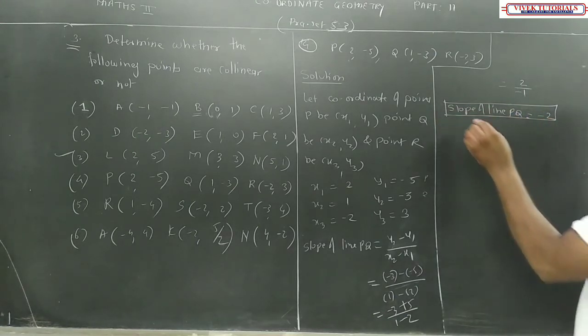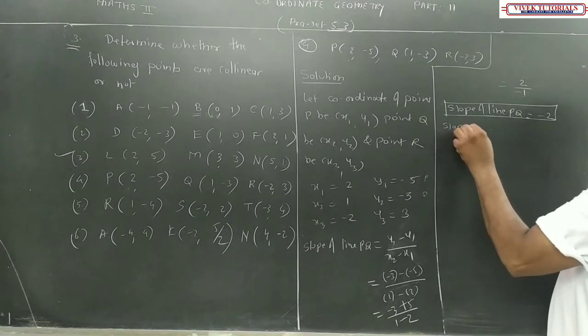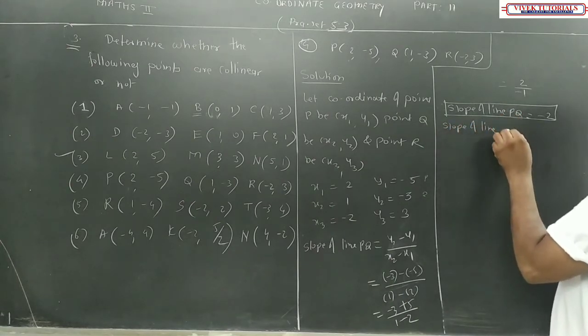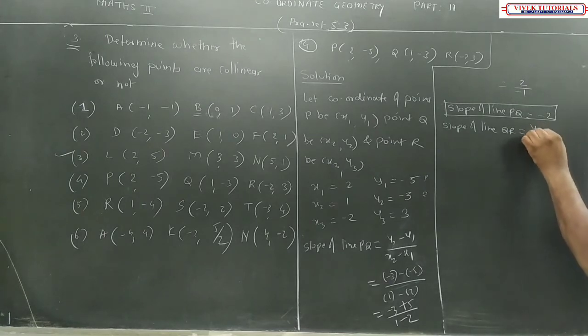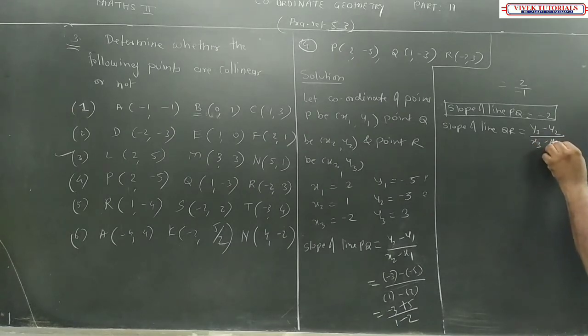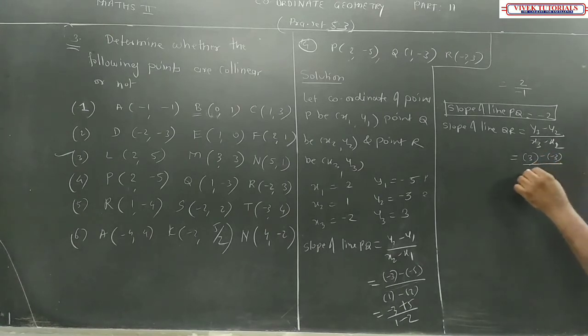And the slope of line QR is equal to y3 minus y2 upon x3 minus x2. y3 is nothing but 3 and y2 is -3, upon x3 is -2 minus 1.